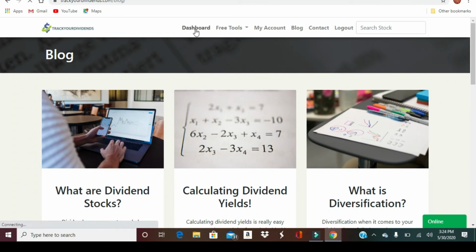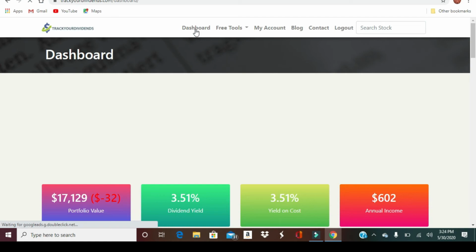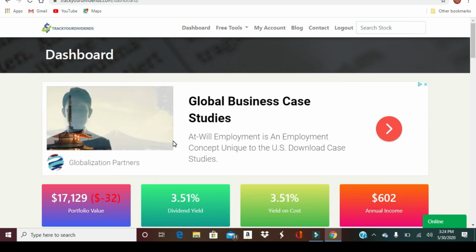But anyway, that's what I wanted to show you, because I believe, I really do, 100%, that you should know where your money is going and if your portfolio is growing the way you want it. You don't want to be investing for retirement without knowing that.